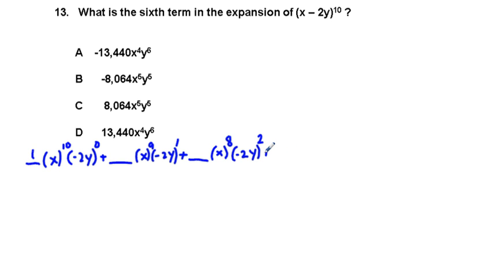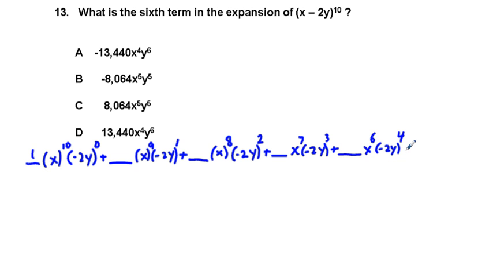Our fourth term, I'm just going to write without parentheses, x to the 7th, and this negative 2y to the third power. So that's our fourth term. Our fifth term is going to be some coefficient, x to the 6th power, and we have this negative 2y to the 4th power.